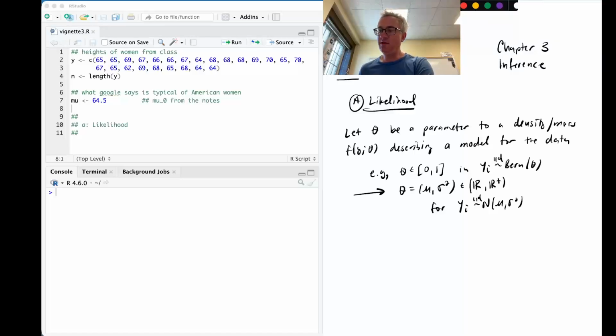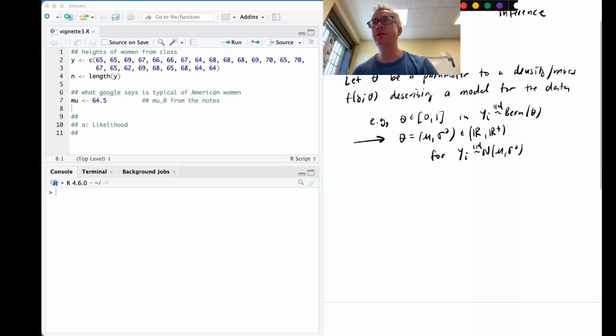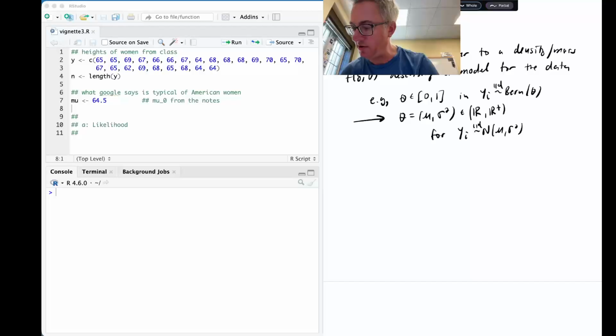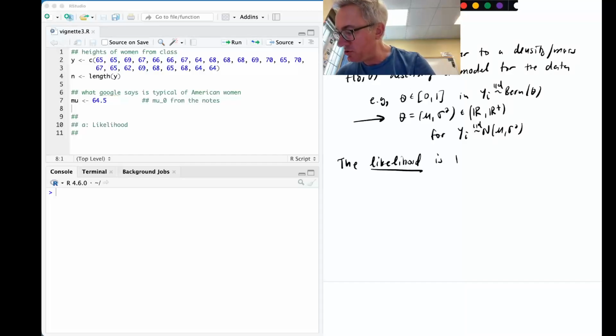Okay, the likelihood is an expression of the joint probability of all n observations viewed as a function of the unknown parameter. So let's write that down. Here's a definition. The likelihood is the joint probability of all of the data.